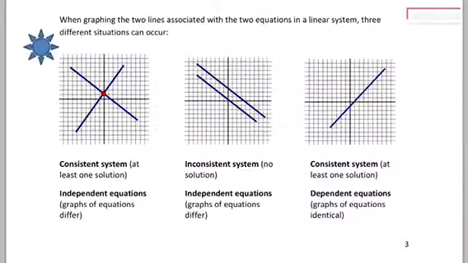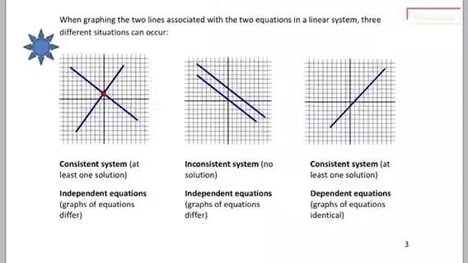When graphing the two lines associated with the two equations in a linear system, three different situations can occur. You can get one solution, you can get no solutions, and you can get many solutions. With one solution, we call this a consistent system, where we have at least one solution.